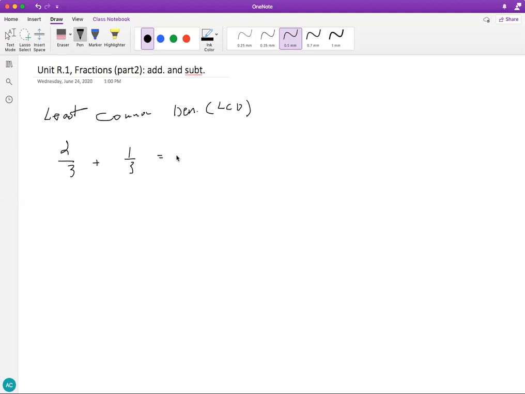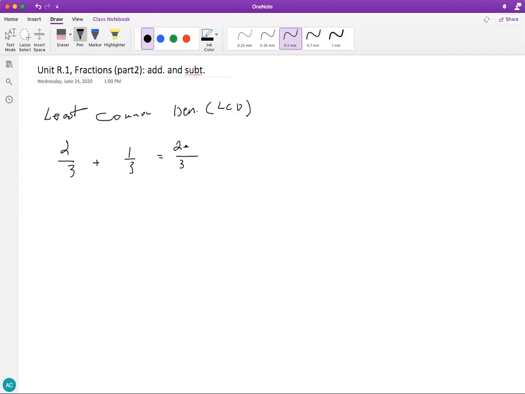So we check for the denominator, it's the same, that's good, we keep it the same. We don't add them, it just stays the same. We add the numerators, or we subtract them depending on the operation. So 2 plus 1.